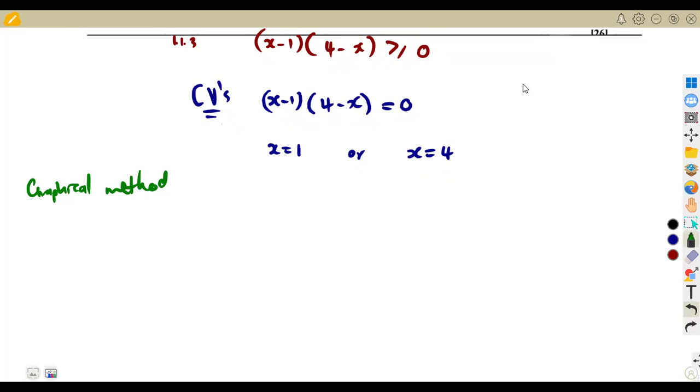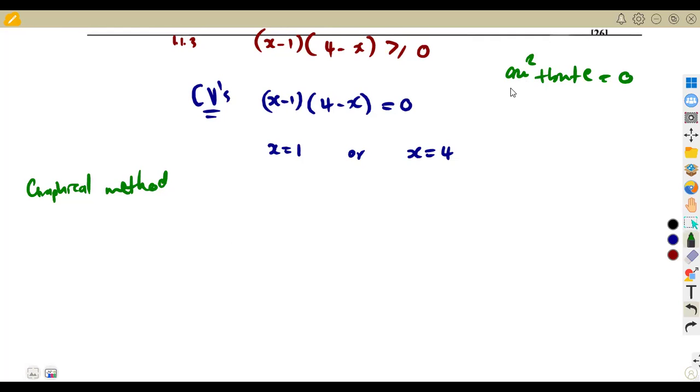Because we are supposed to consider that if we are given the equation or the inequality in the form of ax squared plus bx plus c, maybe it's greater than 0 or it's less than or equal to 0 or whatever that you're given. Whatever that you have as an inequality must be taken from a function when it was a function first.